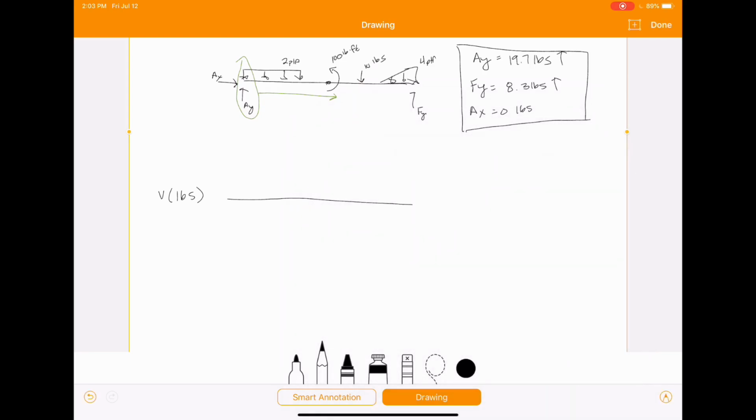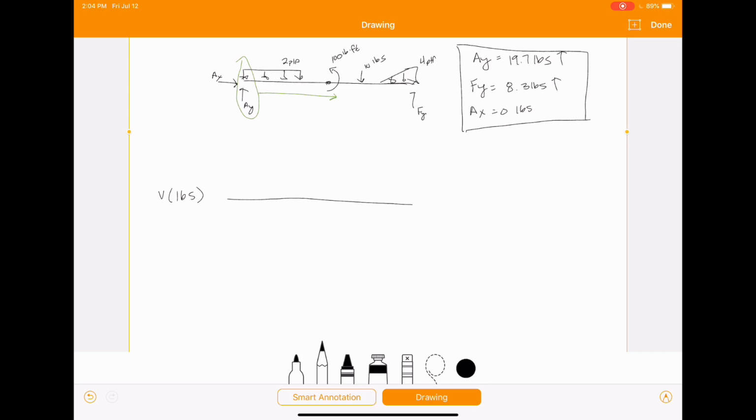So the first thing we hit on the beam for shear is Ay. Remember that shear acts perpendicular to your member or parallel to your cut surface. So for shear on this beam, the first thing we run into is Ay, and it's acting up.